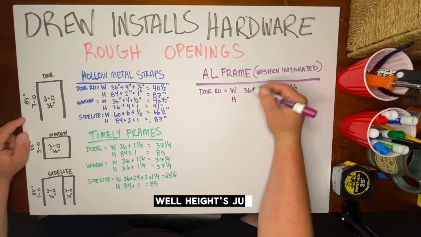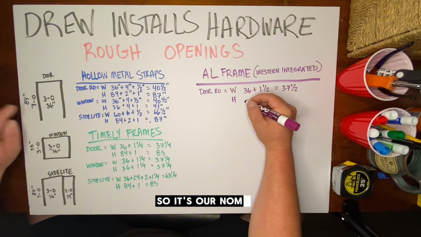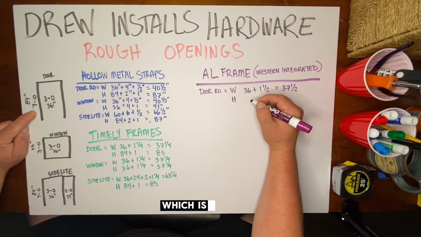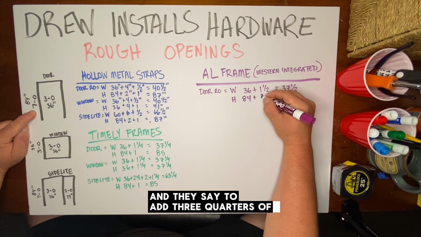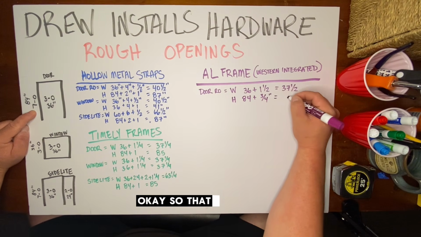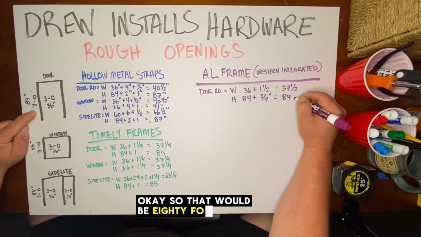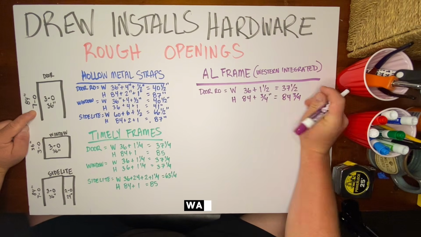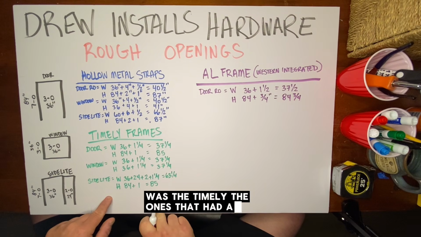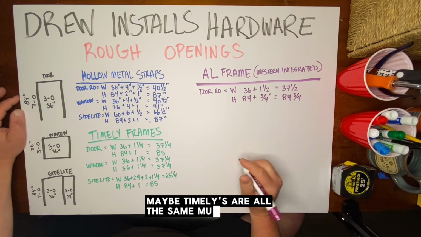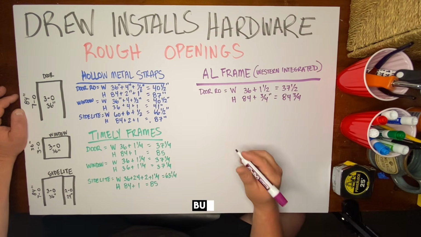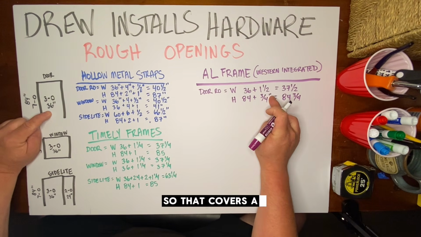Well, height's just a little bit different. It's our nominal door height, which is 84 inches, and they say to add 3/4 of an inch. So that would be 84 and 3/4. Wait, was Timely the one that had a different mullion width, or was it these? I can't remember. Maybe Timely's are all the same mullion width. I'll have to look that up. But that covers a standard door.